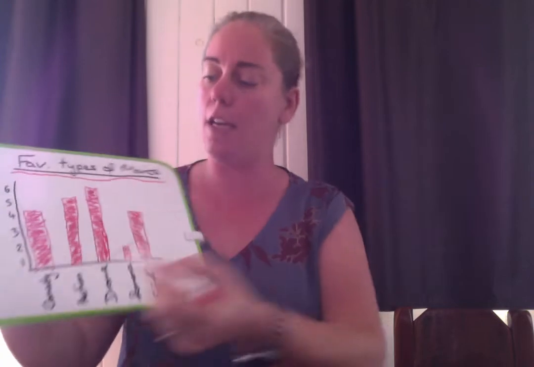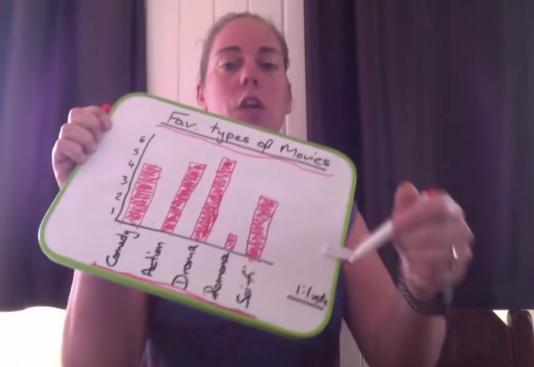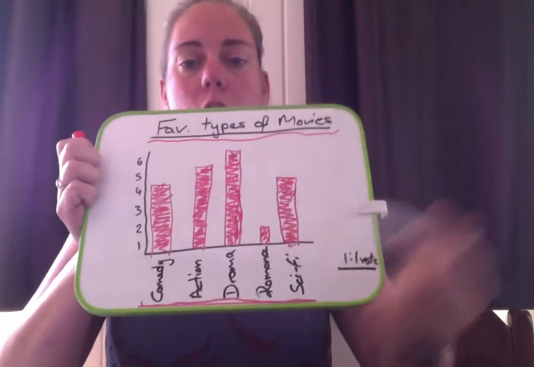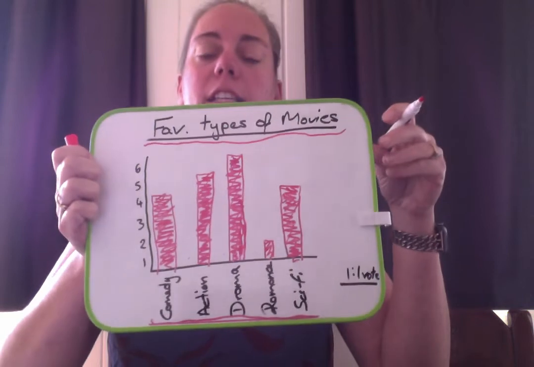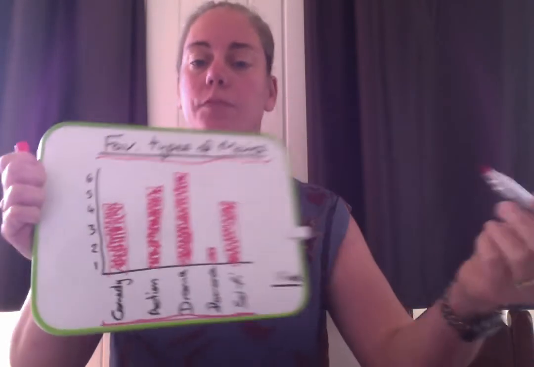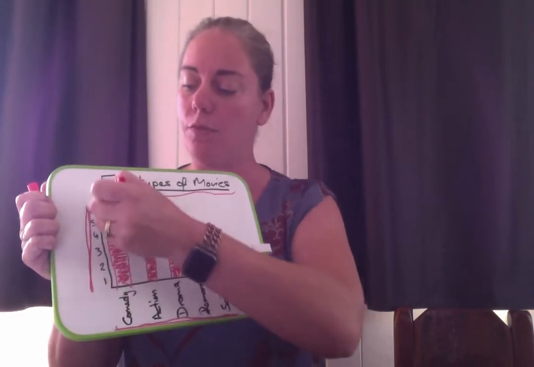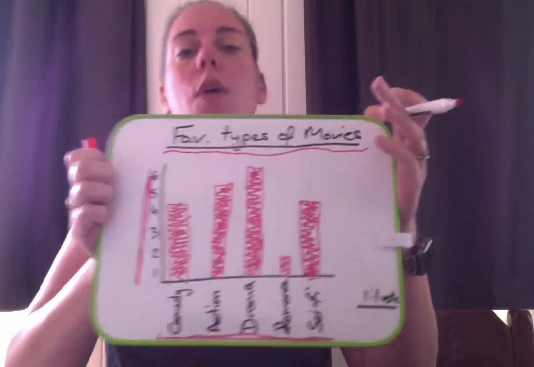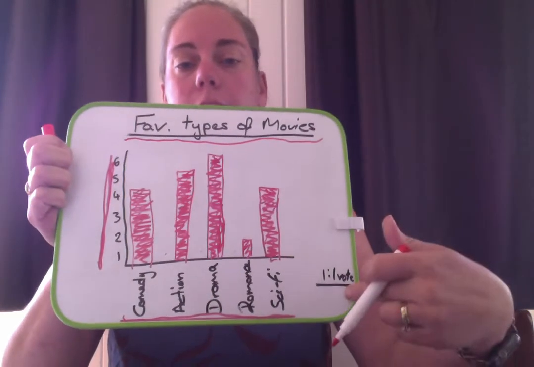You also need your categories. Our categories are along the bottom. We have comedy and drama and sci-fi, and they are what people have voted on in this case. Along the side here, this is a label for what we are measuring this against.